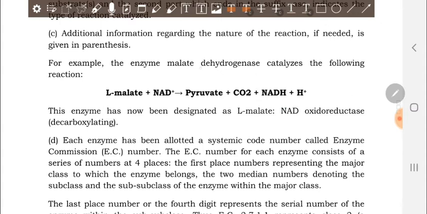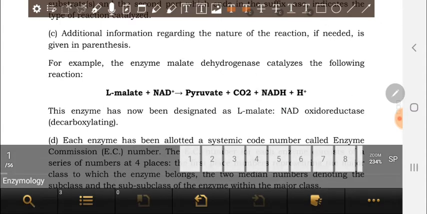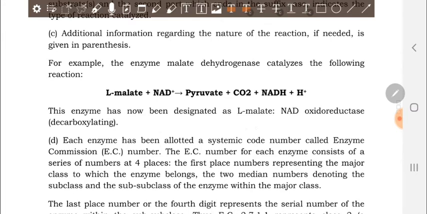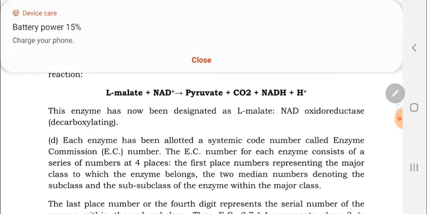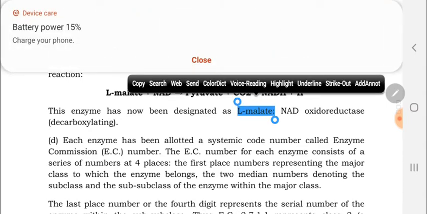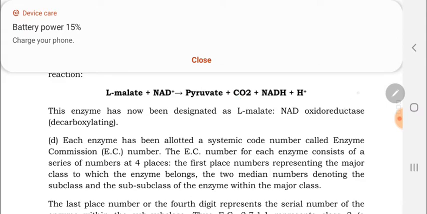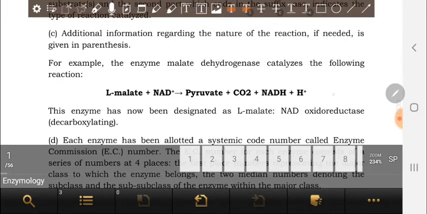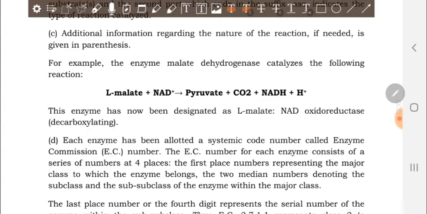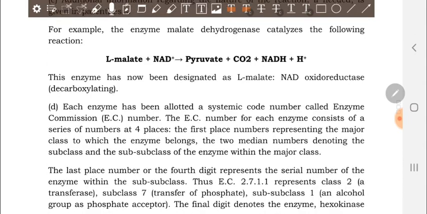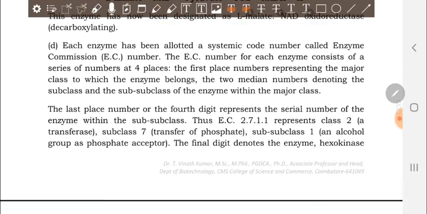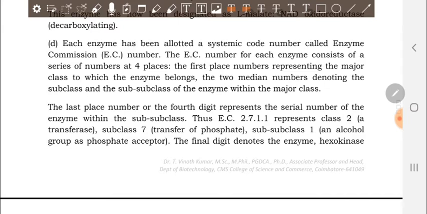The common name is malate dehydrogenase, and based on the IUPAC classification, the name of the enzyme is L-malate NAD oxidoreductase. So these are the 2 different names: the common name is malate dehydrogenase, and the official name based on IUPAC is L-malate NAD oxidoreductase.